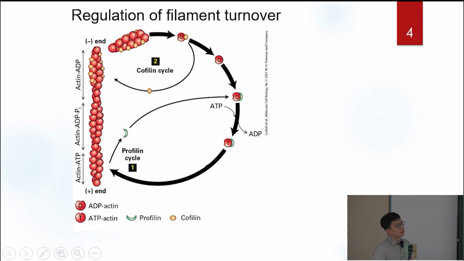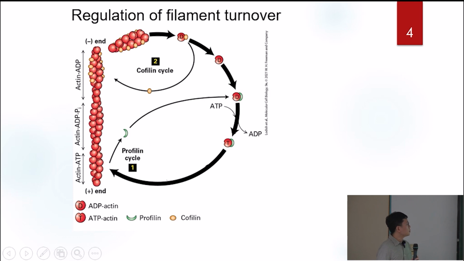This also needs several actin binding proteins like profilin. When profilin binds to actin, it can open the cleft, so ATP can come into the cleft to exchange the ADP. So profilin, ATP, and actin will come to the plus end of the F-actin and then bind to the plus end.